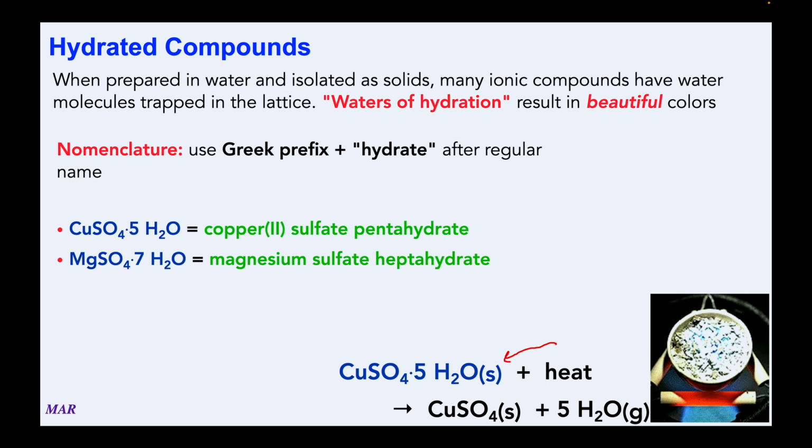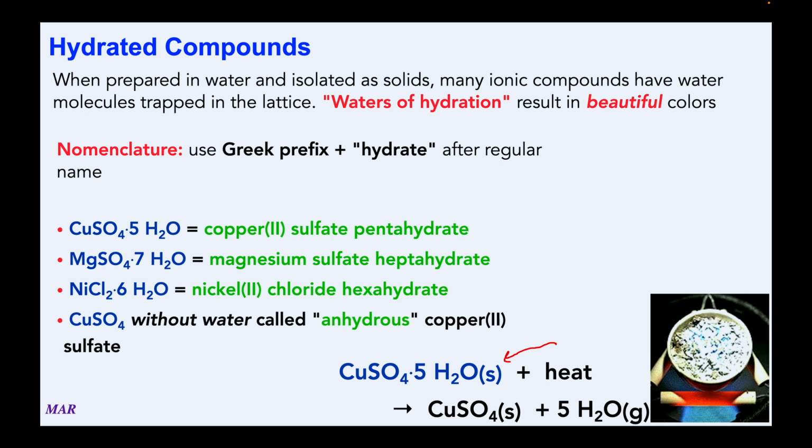The next one would be magnesium sulfate with 7 waters. That's the Greek prefix hepta. So magnesium sulfate heptahydrate. And you could have anhydrous copper 2 sulfate, which would be copper 2 sulfate without the waters, nickel 2 chloride hexahydrate, etc., etc. So not too difficult, but if you see one of them now, you'll know what to do.